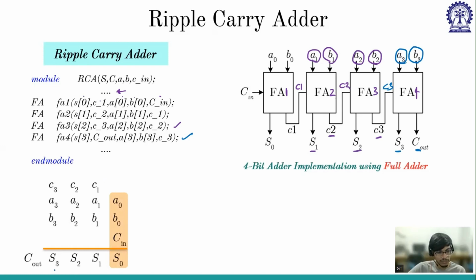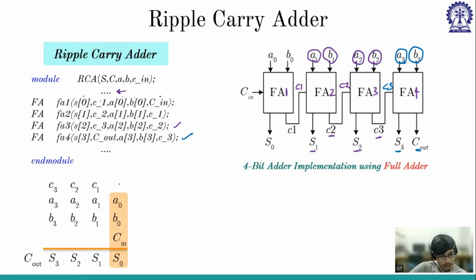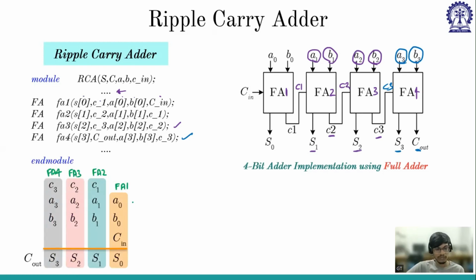Can you tell me? FA1. So this is FA1, and this one? FA2. And this one? FA3. And this one, FA4. So that's how I have defined it.